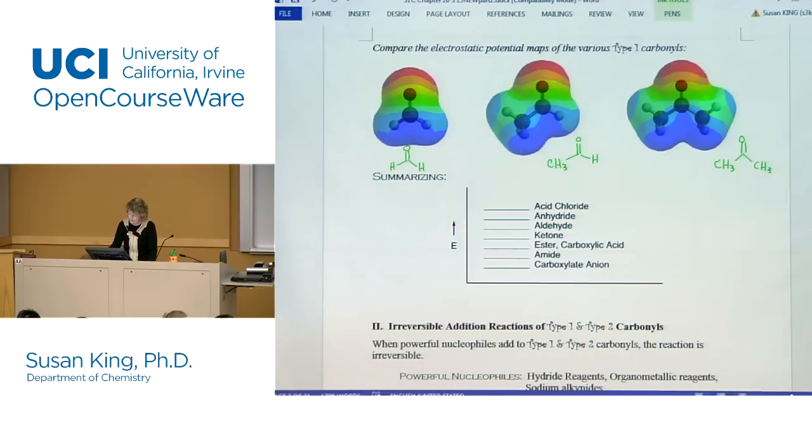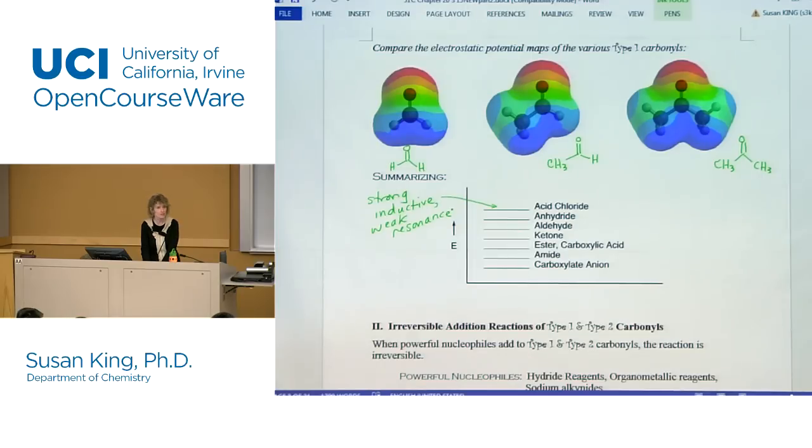All right, so acid chloride is most reactive because it has strong inductive and weak resonance. Inductive destabilizes, resonance stabilizes. So it has strong inductive, which destabilizes it and makes it more reactive, and weak resonance.